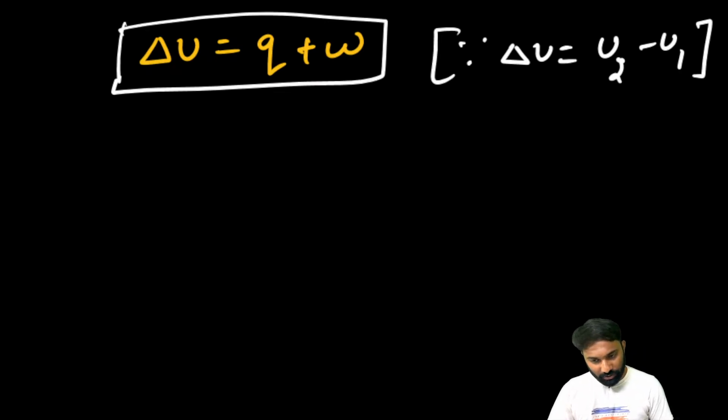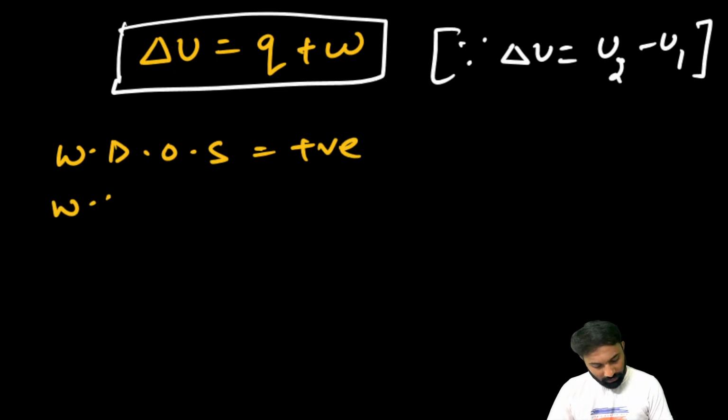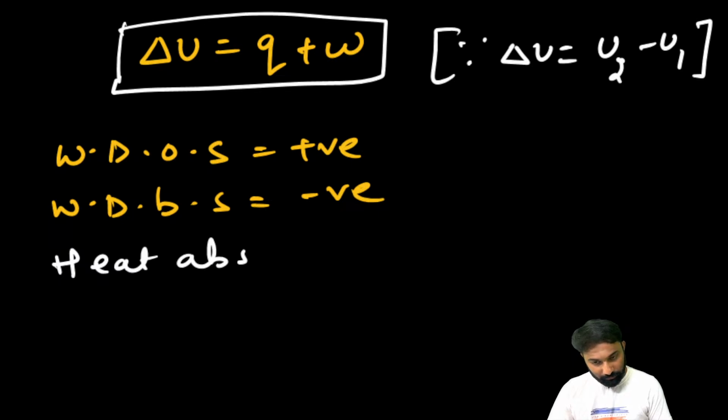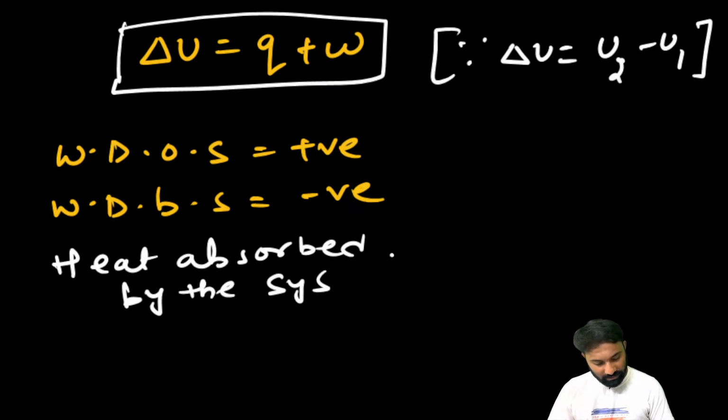Only the key points you have to remember: work done on the system is positive, work done by the system is negative, right? Next, very key point: heat absorbed by the system is positive.